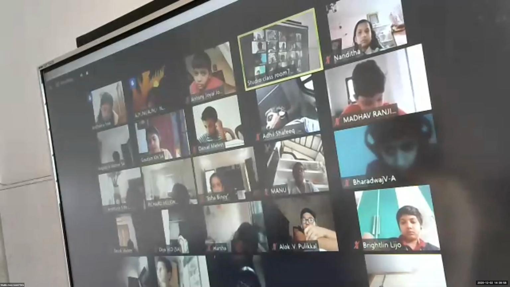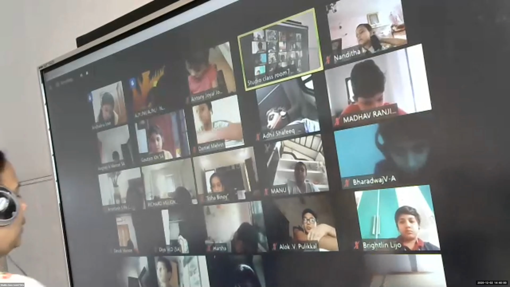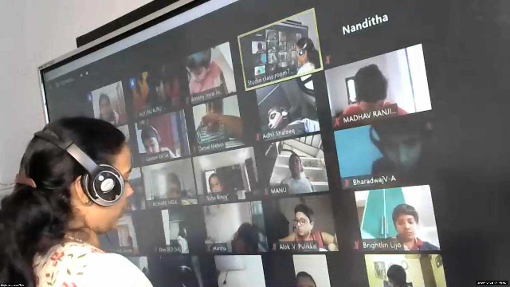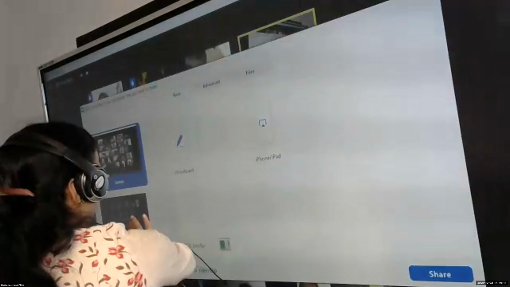Yes, ma'am. The whole number 2 minus 1 is 1, and the numerator 2 minus 1 is 1. Okay, so that we can do, but you have to do the converting method first, then we can use it like this. Those who finished, okay. Others, please try to do alone.